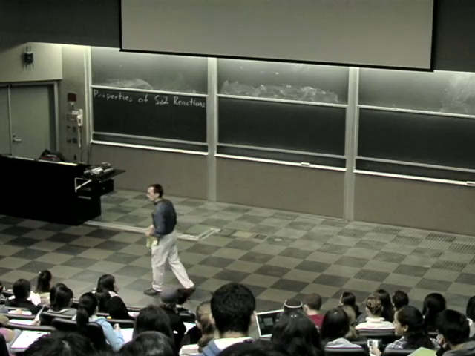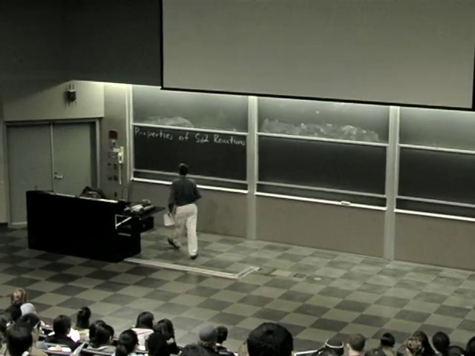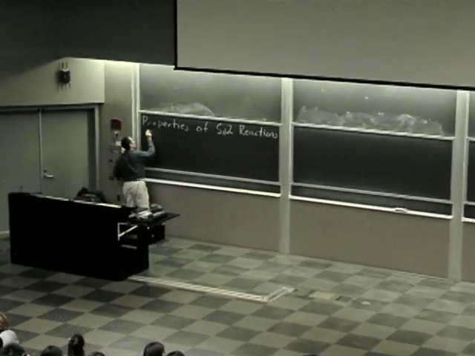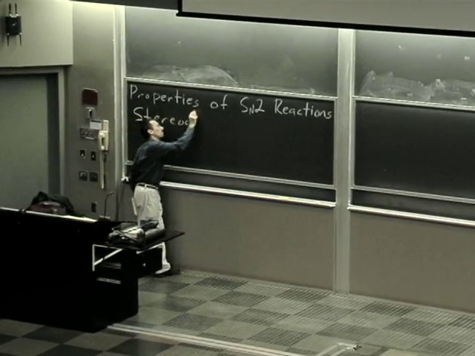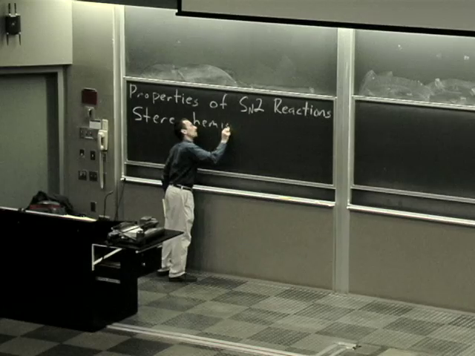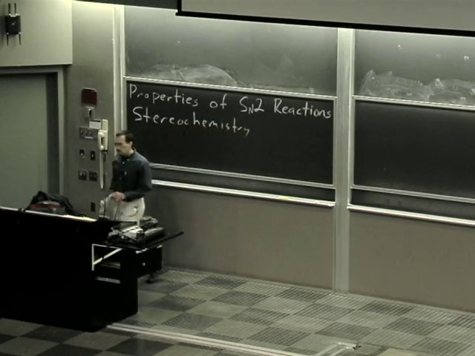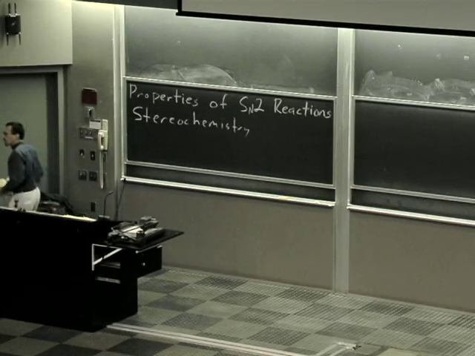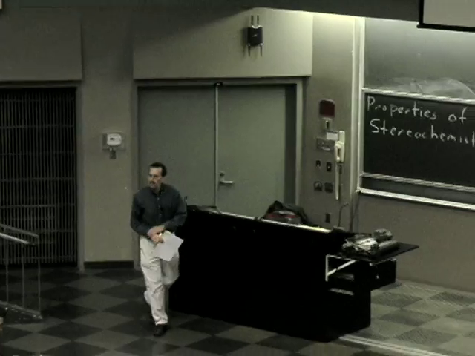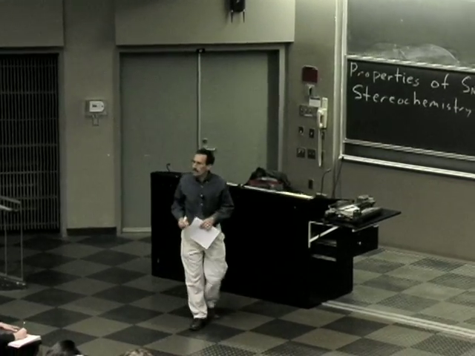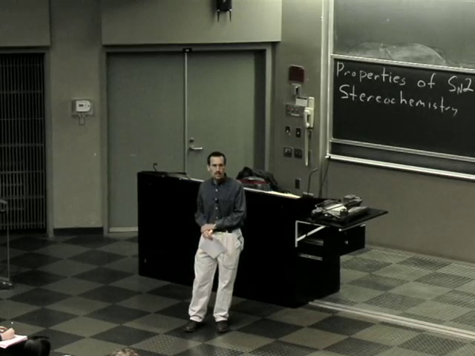What I want to start with is the stereochemical course of the SN2 reaction. And in part, the problems that students have understanding this was really brought back to me by somebody at the end of last class who asked me whether I'd be talking about this or when I'd be talking about it.